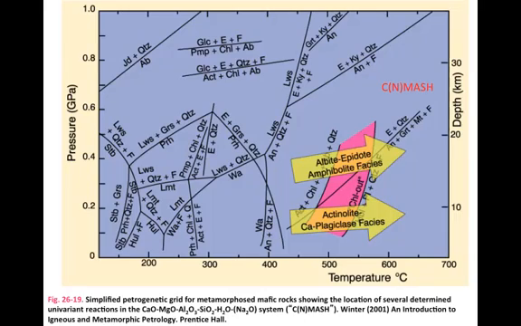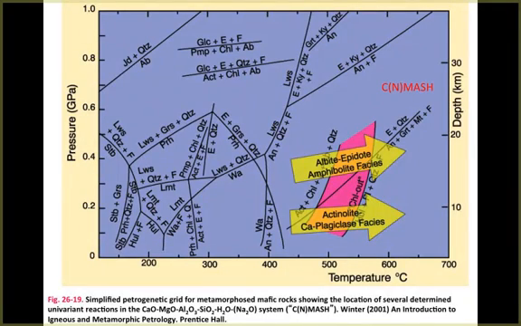Here's a phase diagram for metamorphosed mafic rock that has a simplified chemistry of potassium, calcium, sodium, magnesium, aluminum, silica, and water, and a different set of minerals to go along with that.